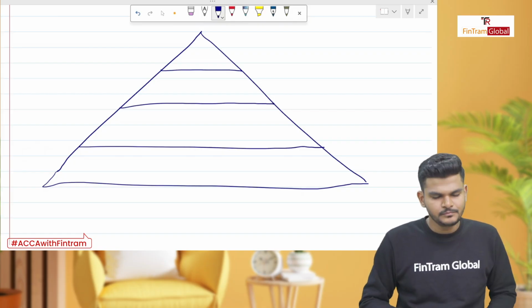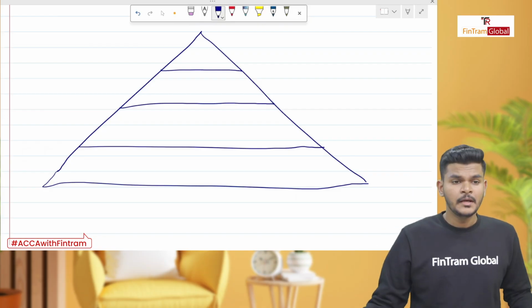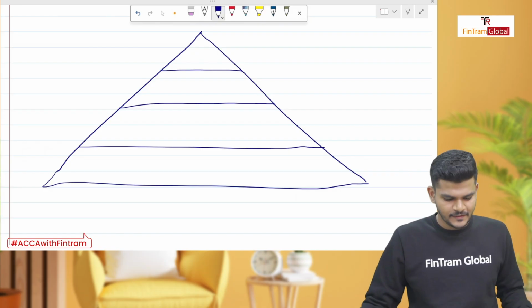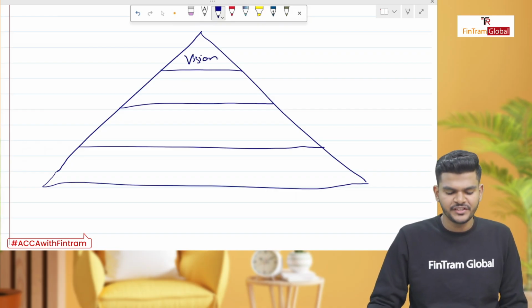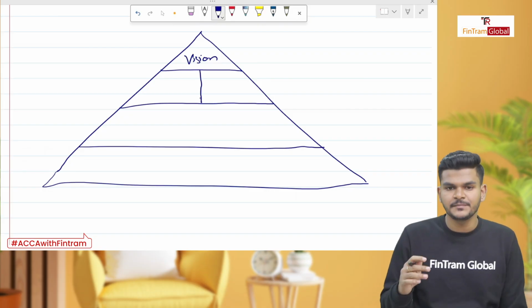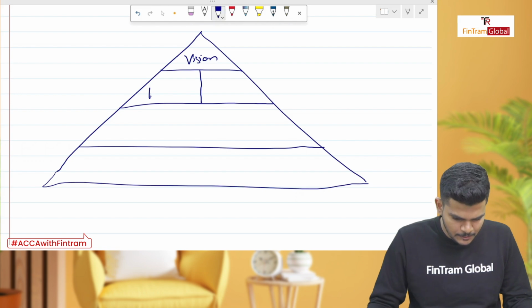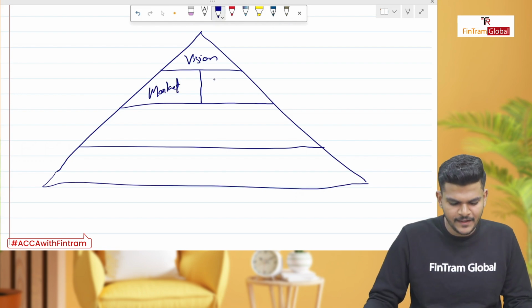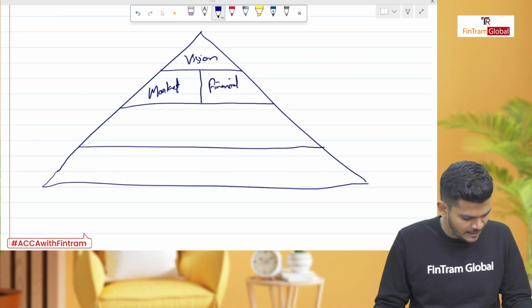So what is this all about exactly? Performance pyramid, right? That's basically what it is. First of all, we will have the corporate vision at the top, right? And below that, we have two items that support the corporate vision. What are those? There's the market, and then the financial aspects. Okay, folks, there's the market as well as the financial aspects.